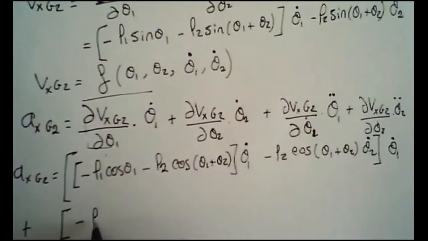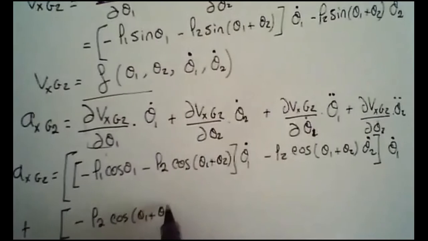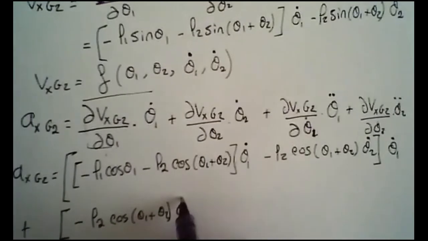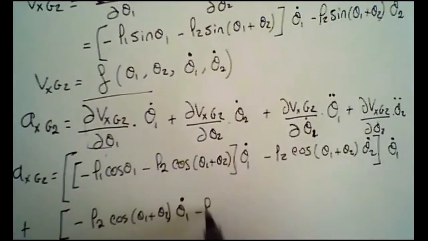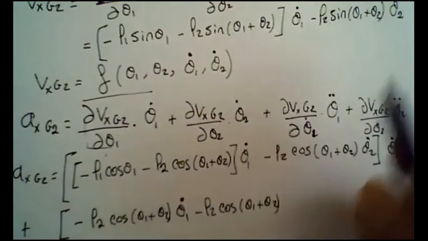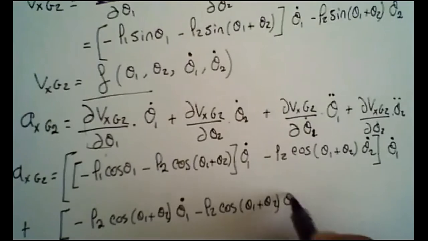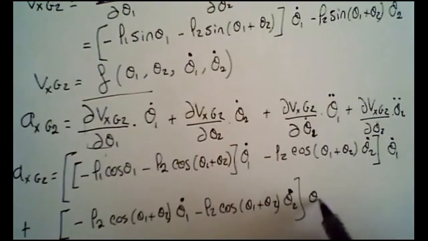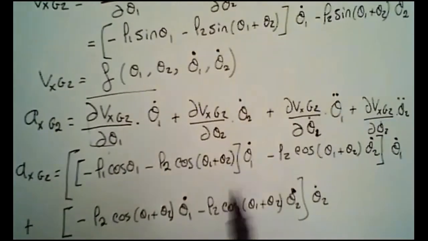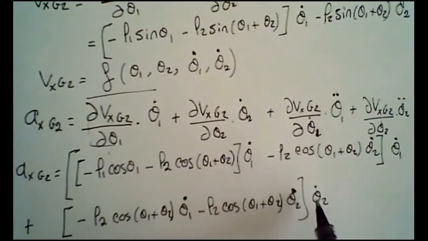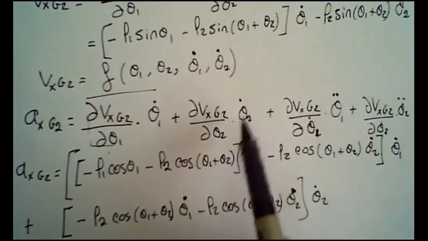So it's going to be minus L2 cosine theta 1 plus theta 2 multiplied by theta 1 prime. The second one will be minus L2 cosine theta 1 plus theta 2 multiplied by theta 2 prime. And this whole thing is multiplied by theta 2 prime.